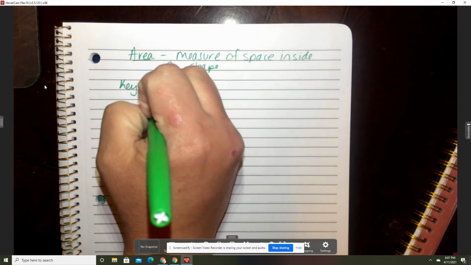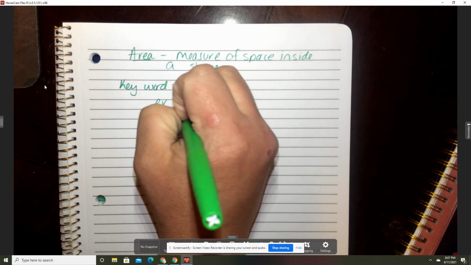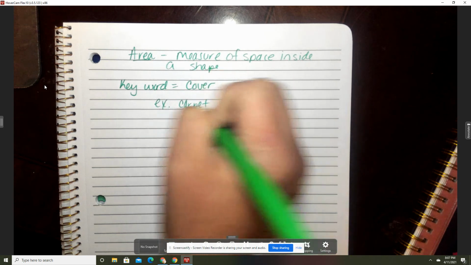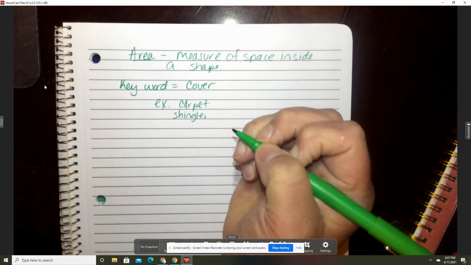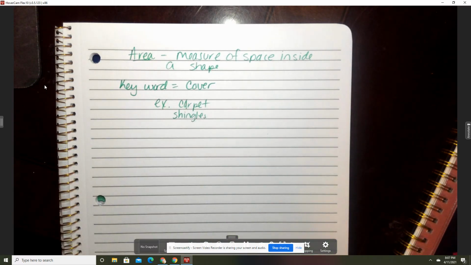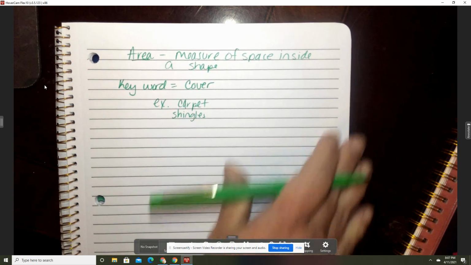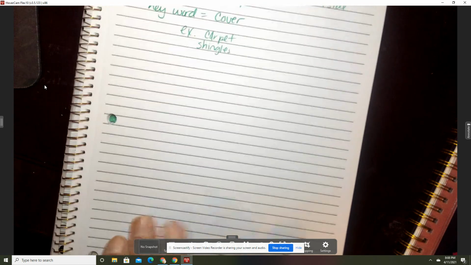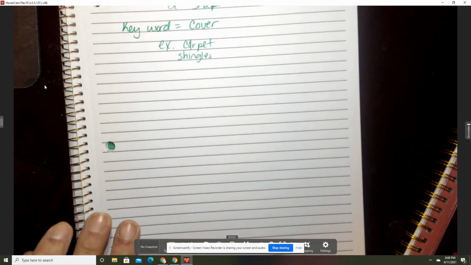Examples for area would be laying carpet, shingles on a roof, things like the paper. How much area does it take up on my desk? Things like that.